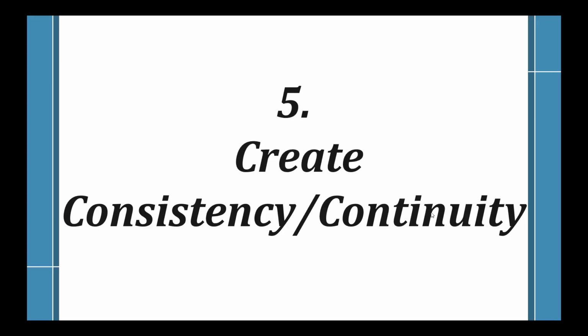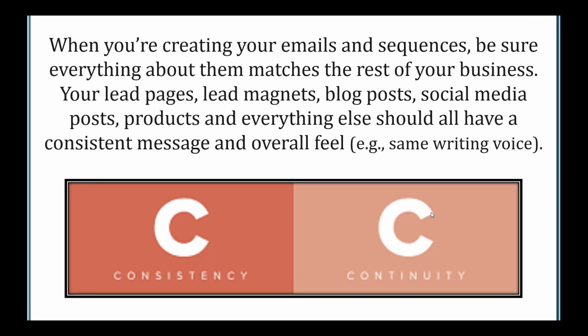Next up, create consistency and/or continuity. Now, when you are creating your emails in sequences, be sure everything about them matches the rest of your business. Your lead pages, lead magnets, blog posts, social media posts, products, and everything else should all have a consistent message and overall feel.